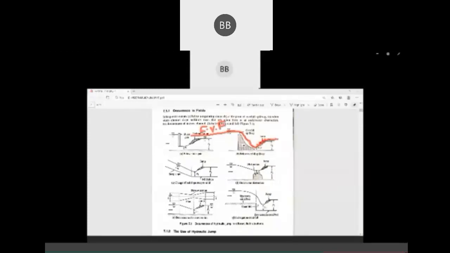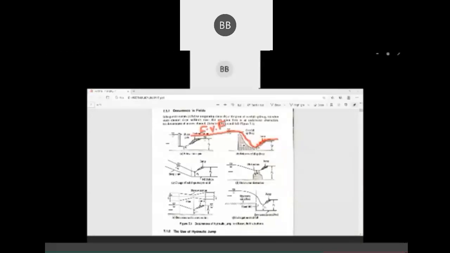So we will have two depths of flow, one is y1 and one is y2. y1 is the depth of flow before the jump, y2 is the depth of flow after the jump. These two are called sequent depths.